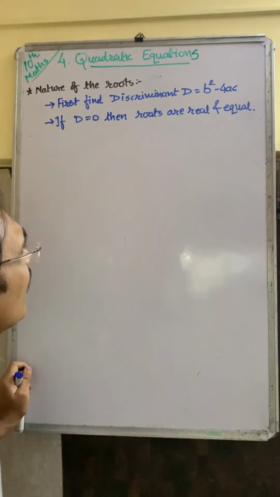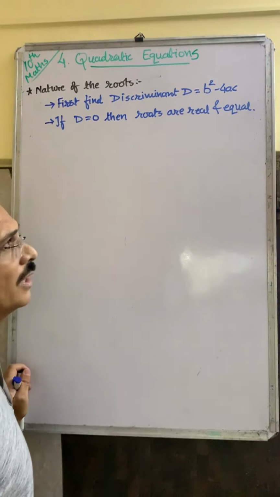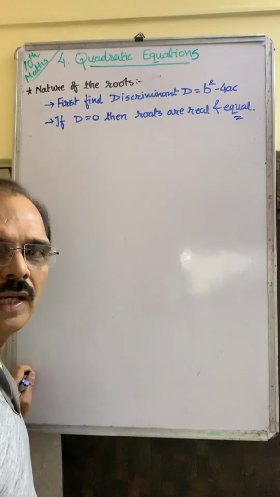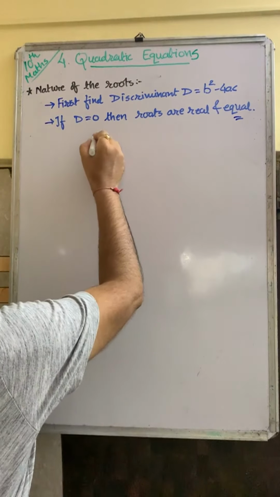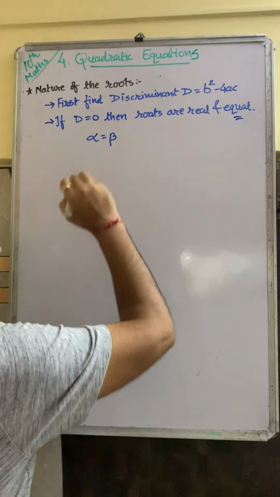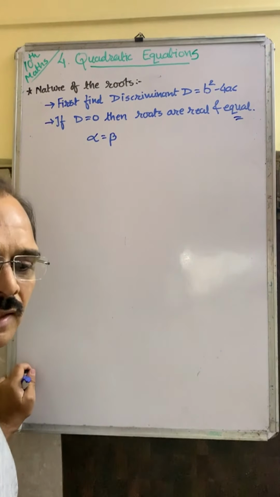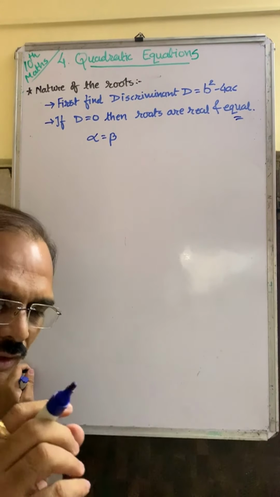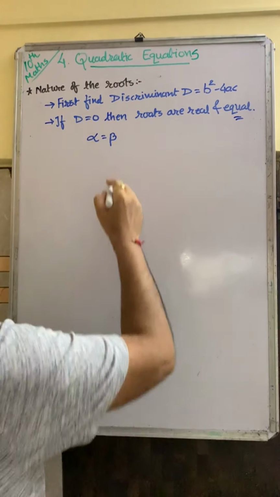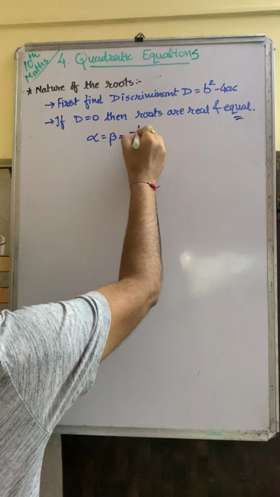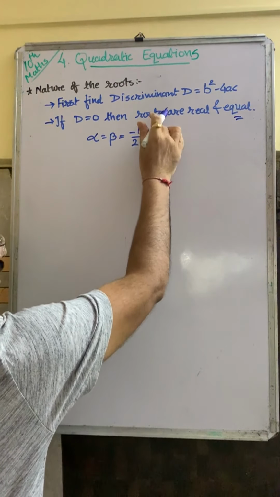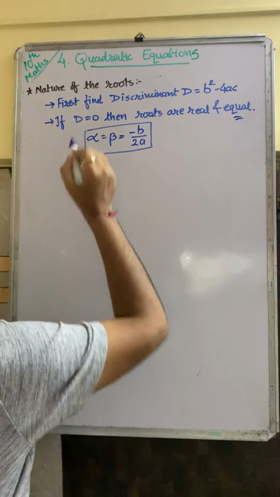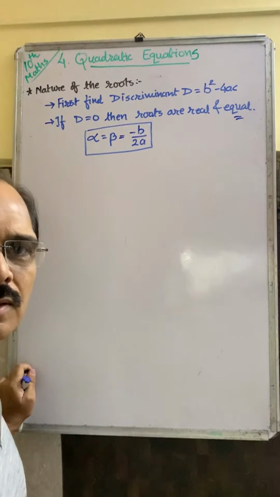So if D is 0, then roots are real and equal. Please be alert. Equal means your alpha and beta both are same. No need to find other. Suppose if you find alpha, then don't worry about beta. Beta is also the same. And you can write directly minus B upon 2A because D is 0. So this is the formula. Alpha and beta are same, that is equals to minus B upon 2A.